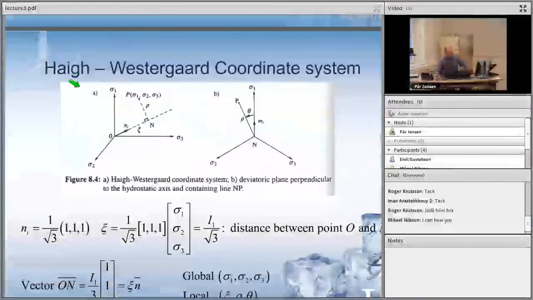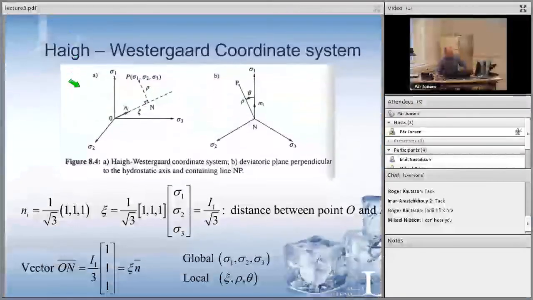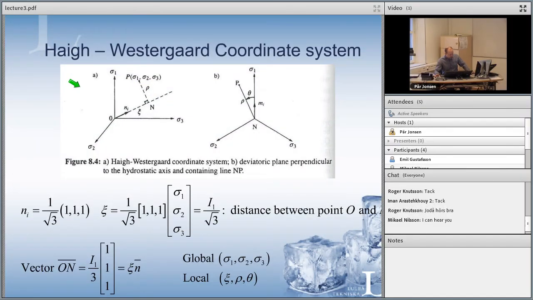Okay, let's look at this coordinate system. It's also described in the book, and you have a picture like this. This is what we call the principal stress space. You have a coordinate system where you measure your stresses with principal stresses. You have sigma 1, like that, sigma 2, and sigma 3.